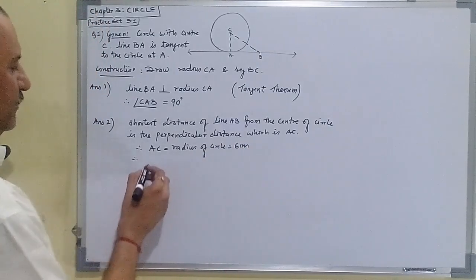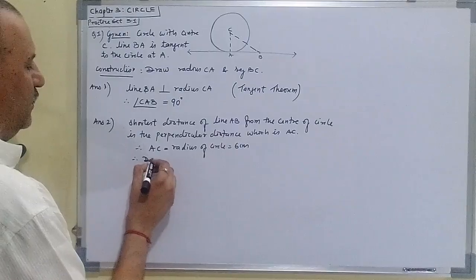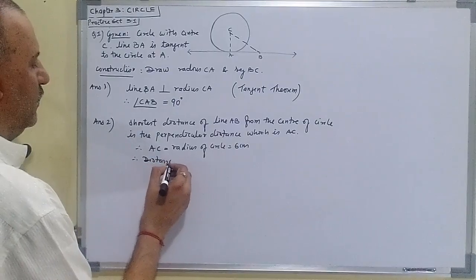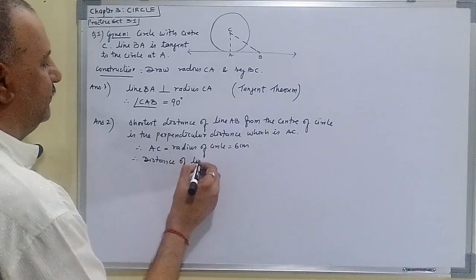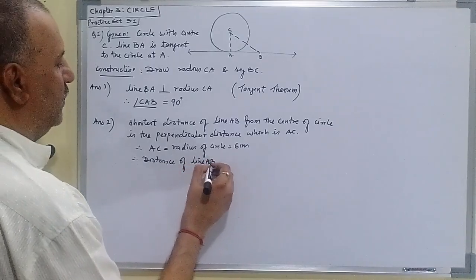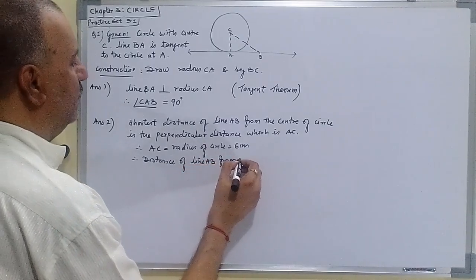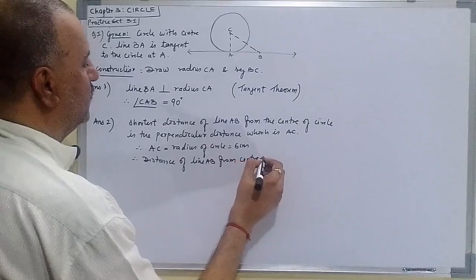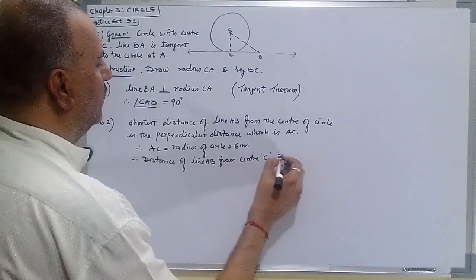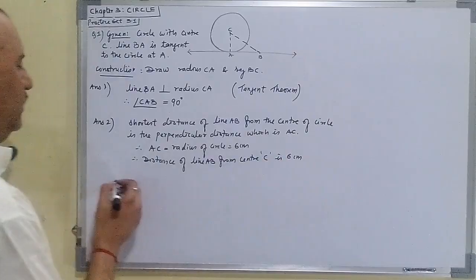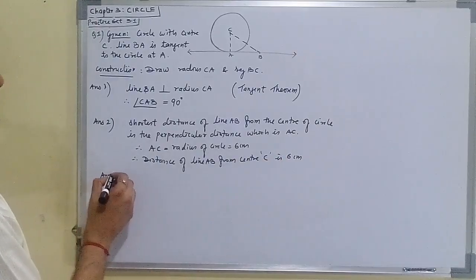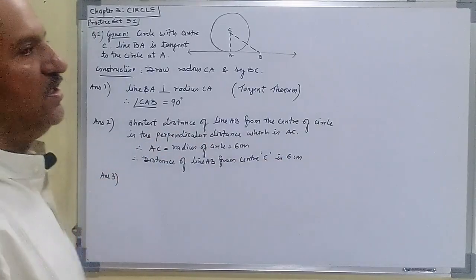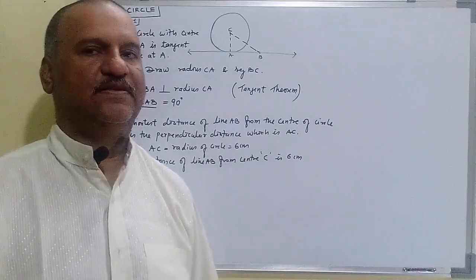Therefore, distance of line AB from center C is 6 centimeters. Remember, always the perpendicular distance is the shortest distance.